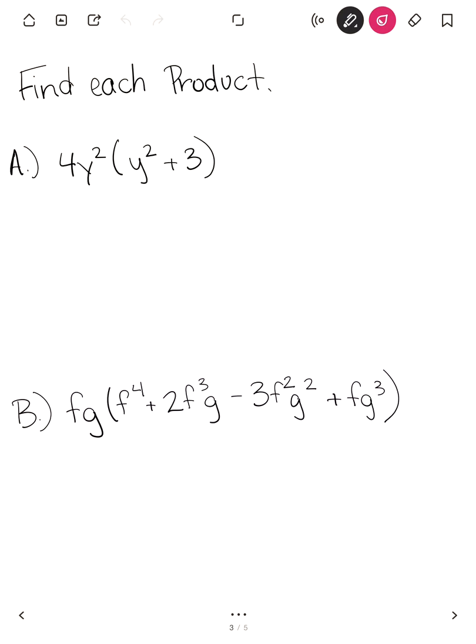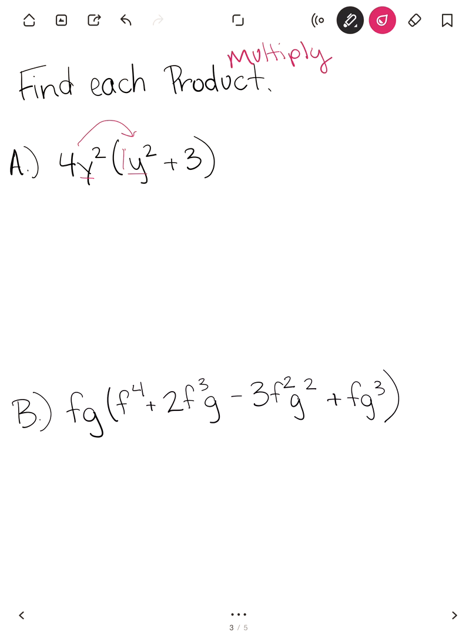Now we're going to move into multiplying. Product just means multiply. It's just a fancy word we like to use to make us sound smarter. So in A, I have a monomial times a binomial, 1 term times 2 terms. I'm just going to distribute. That makes it easier on us. Remember, when I multiply variables that are the same, I add their exponents.